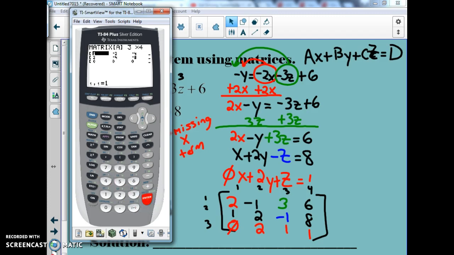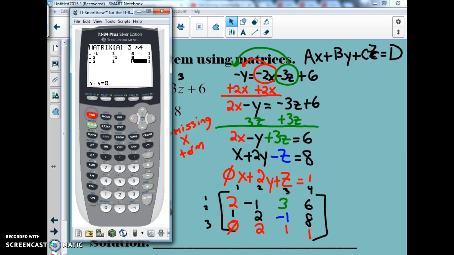I'm going to go ahead and enter my data in. 2, enter. -1, enter. 3, enter. 6, enter. 1, enter. 2, enter. -1, enter. 8, enter. 0, enter. 2, enter. 1, enter. 1, enter. Okay? And now I've entered in my matrix.